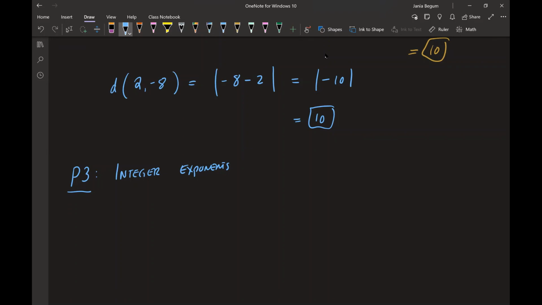So really, P3 and P4 are almost the same idea. The only difference is P3 only focuses on integer exponents, meaning when the exponent is a whole number, whereas P4 only talks about fractional exponents, so when your exponent is a fraction. But the properties that you see on P3 will carry over to P4.